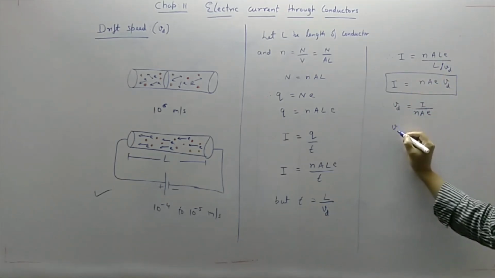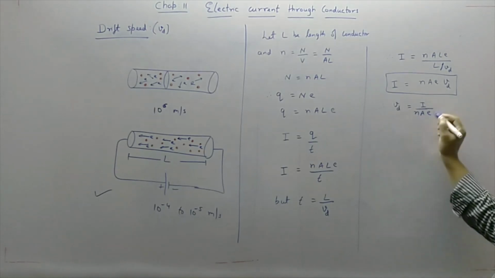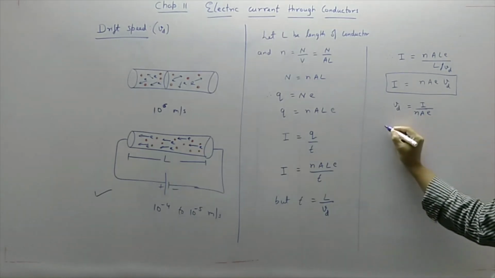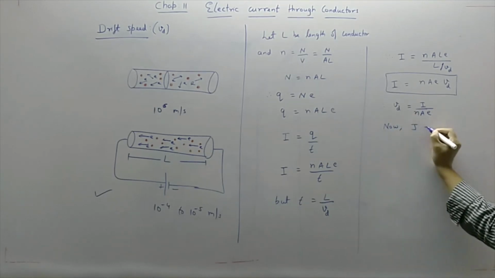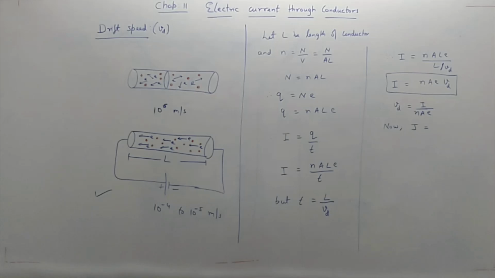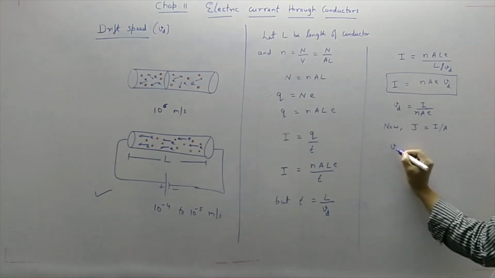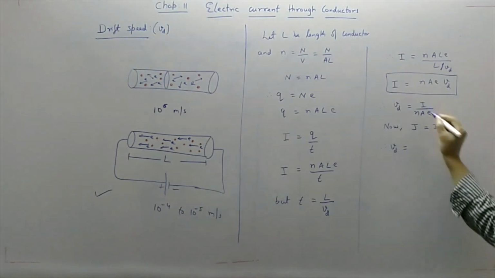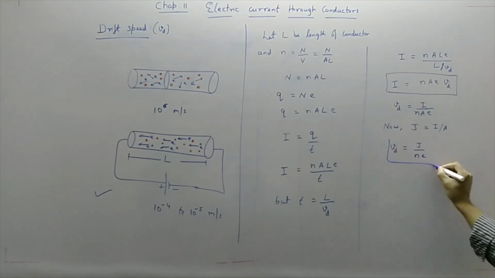Now with respect to current density, which we denote by J, current density is current per unit area. So if we take the drift velocity Vd equal to I upon A, divided by ne, we get J upon ne. This gives a relation between drift velocity and current density: Vd equals J upon ne.